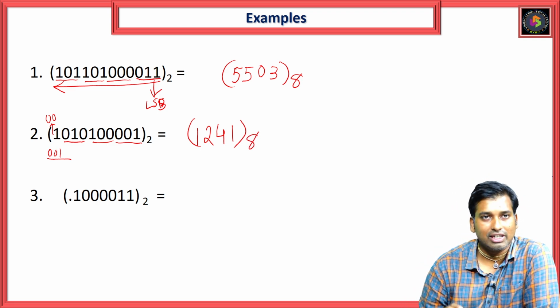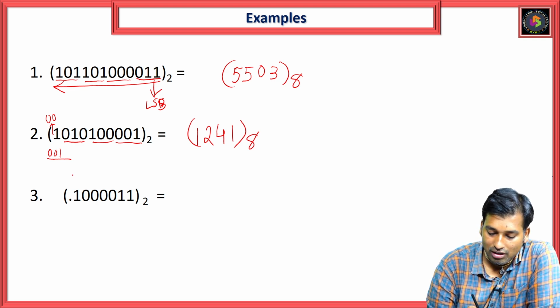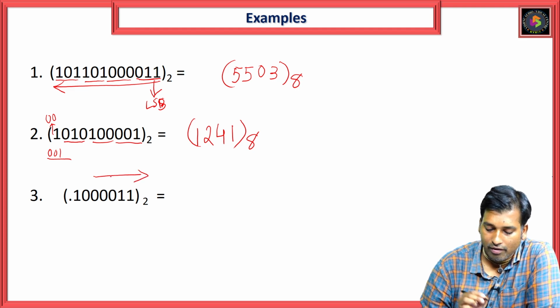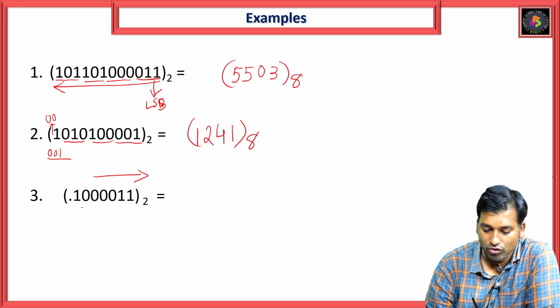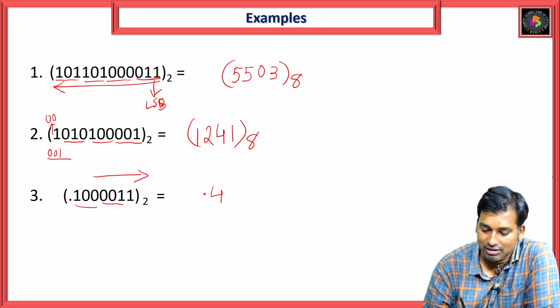This is in the case of the integer part. In the case of the fractional part, you have to go from left to right, and you have to group 3 bits. For example, here after the point, the first 3 bits is nothing but 4. Next 3 bits nothing but 1.